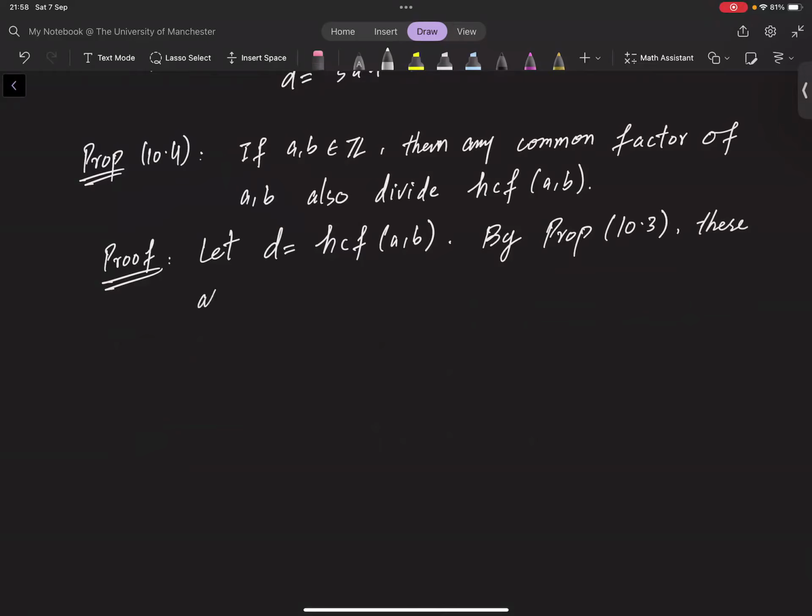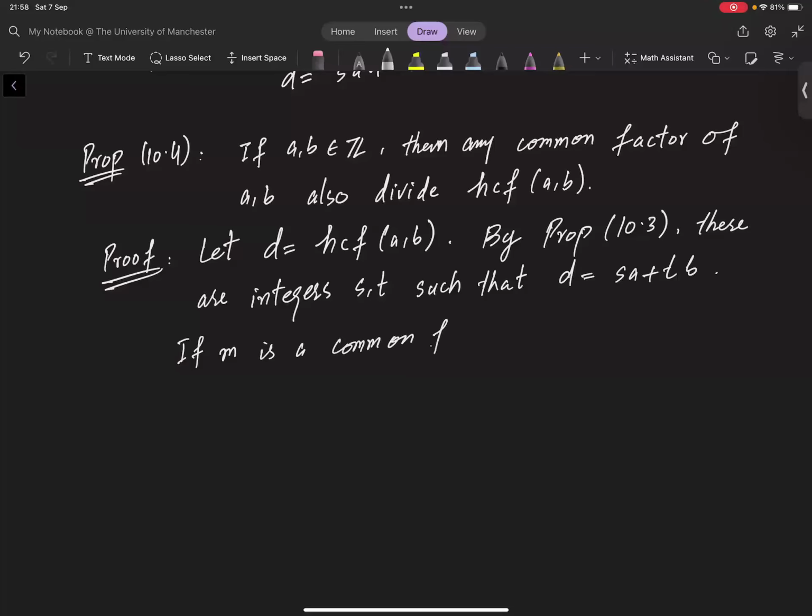So by this, there are integers S comma T such that it can be written as SA plus TB. Now, if M is a common factor of A and B, so it does not need to be the highest common factor, but there can be any common factor.